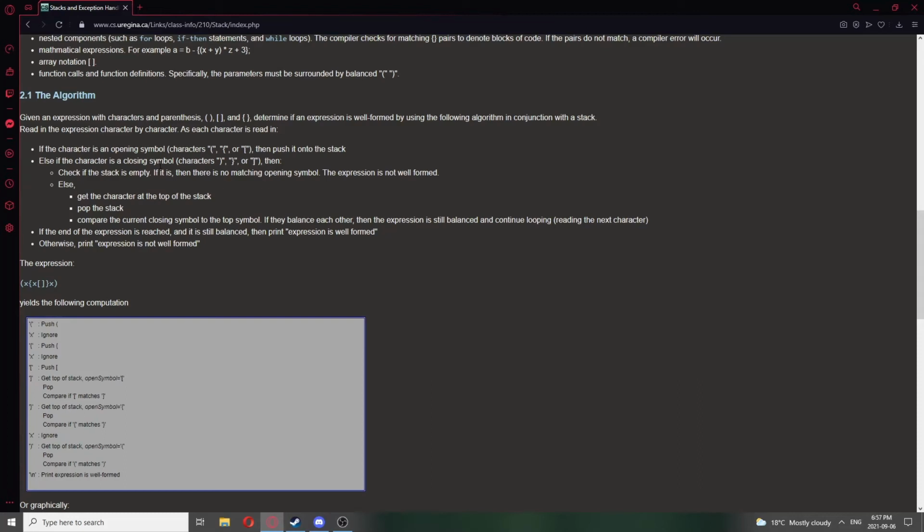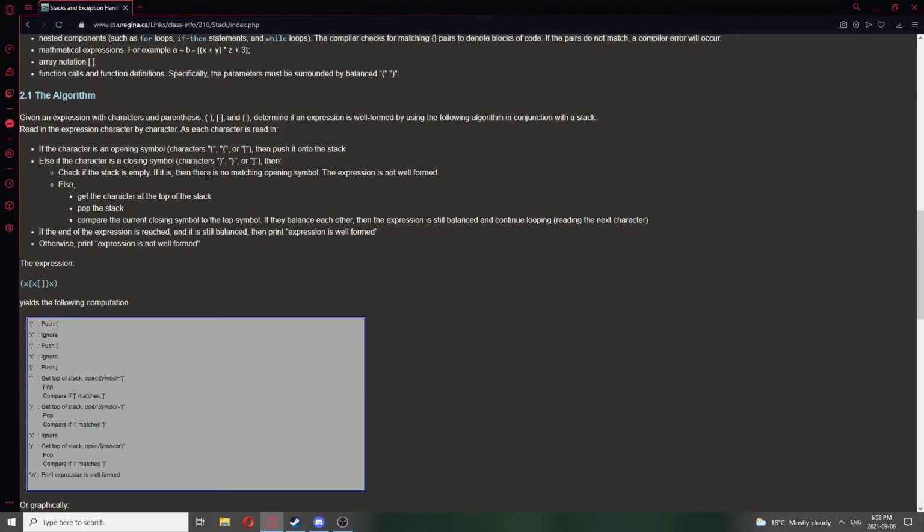If the character is neither an opening symbol nor a closing symbol, we just ignore it, because we're not interested in what's in between the parentheses, we're just interested in if the parentheses match. But if we encounter a closing symbol, we're going to check if the stack is empty. If the stack is already empty and you have a closing symbol, then there cannot be a matching opening symbol, so you already know it's not well-formed.